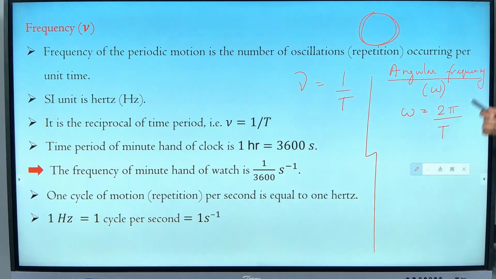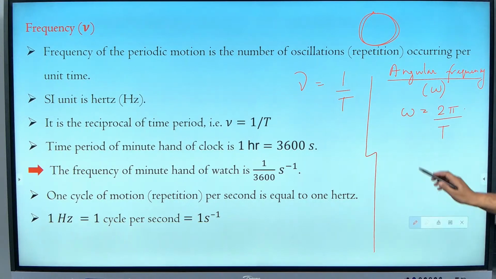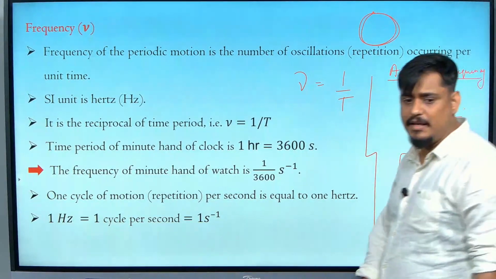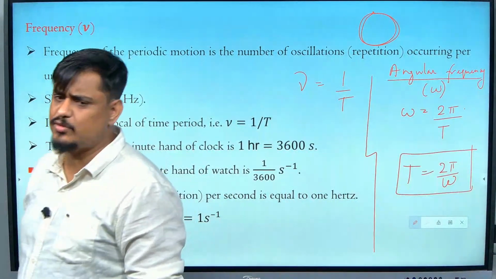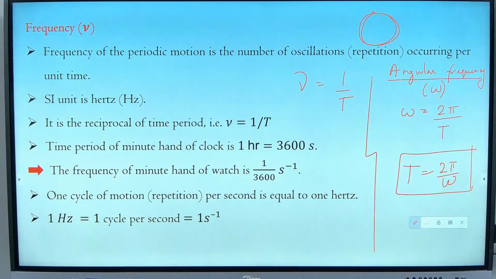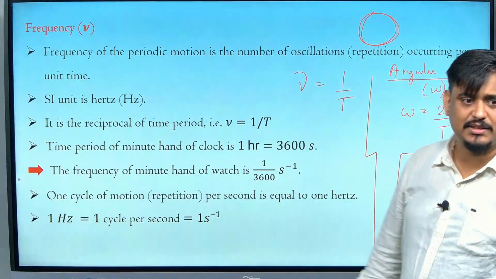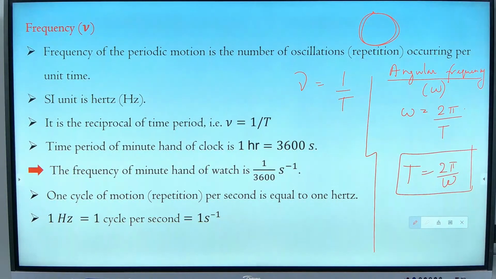That's why it is 2 pi by t. Are you getting my point? So from here only we get the formula, time period is also equal to 2 pi by omega. It will be used in many places in this chapter. Time period is 2 pi by omega, or omega is 2 pi by t. Both are related. Is it clear? Very basic things we are talking. Still we have not entered the main part of this chapter.